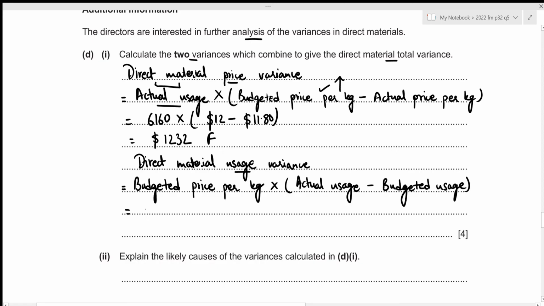So we already have the budgeted price per kg to be 12. We figured out the actual uses to be 6,160 and the budgeted one to be 5,600. And this results in the direct material uses variance to have the value of 6,720.